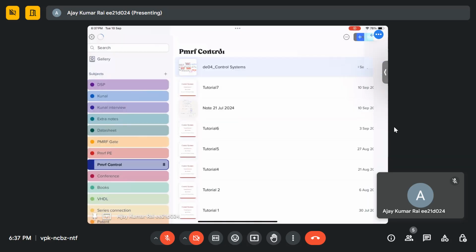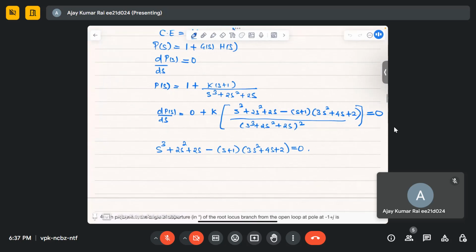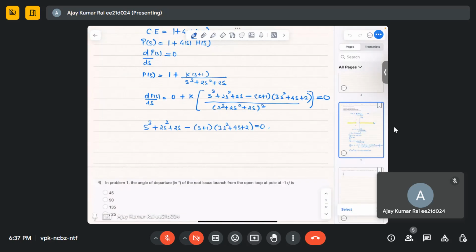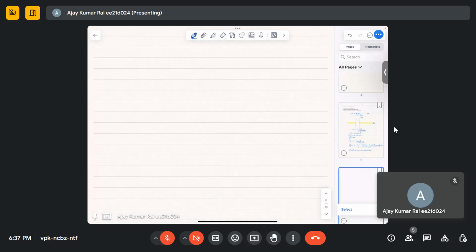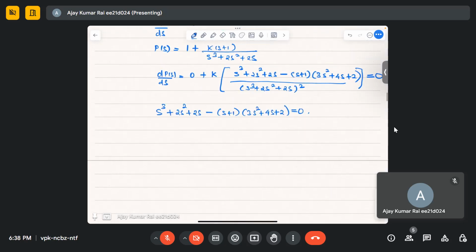So that's what I'm doing. I'm just putting the numerator equal to 0. So let's quickly solve this.